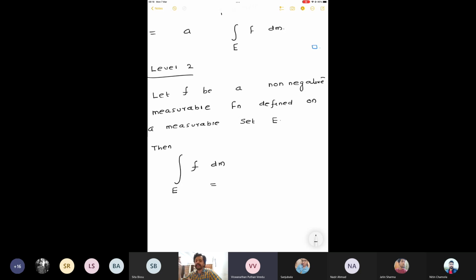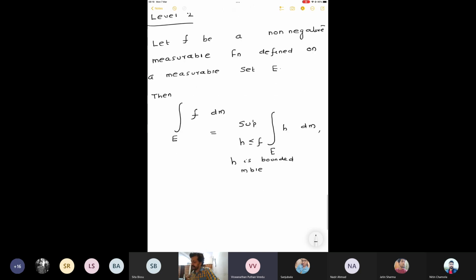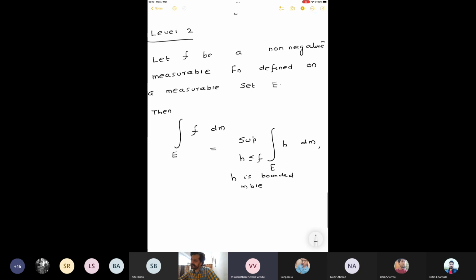Therefore, to define the integral over E of f dm, we will seek help of bounded measurable functions: the integral over E of h dm, where h is less than or equal to f and h is bounded measurable, and then take the supremum. But we know only to integrate over a set of finite measure, so we have to take care of that.